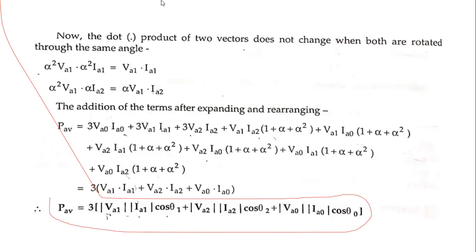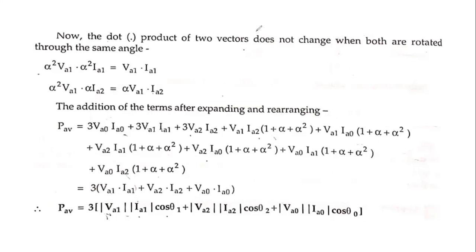Therefore, the average power is equal to 3 into VA1 IA1 cos phi 1 plus VA2 IA2 cos phi 2 plus VA0 IA0 cos phi 0. This is the average power in terms of the symmetrical components.